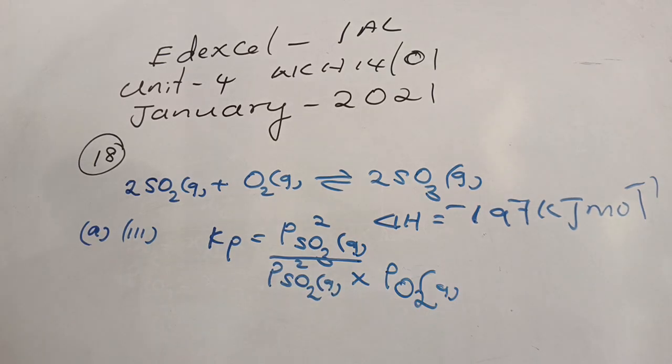State symbols are not needed, but anyway I can mention them here. It is asking you to write the equilibrium constant expression in terms of Kp, and this equation gives you just 1 mark.